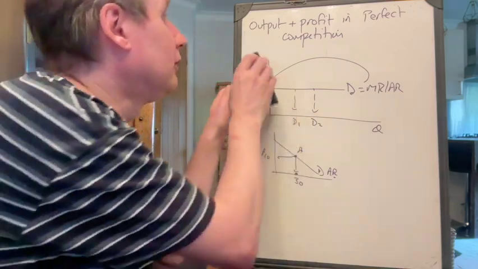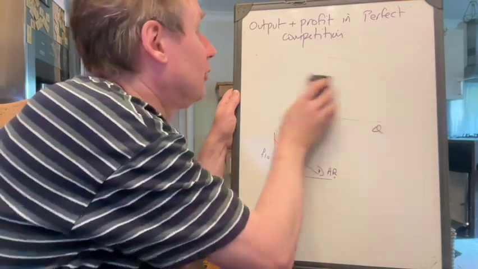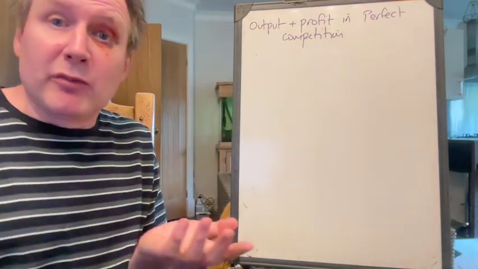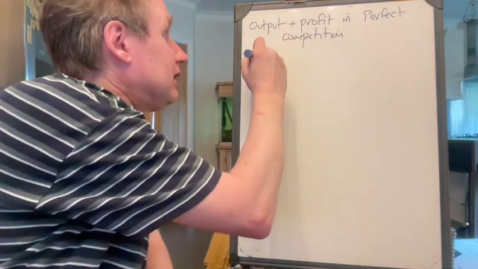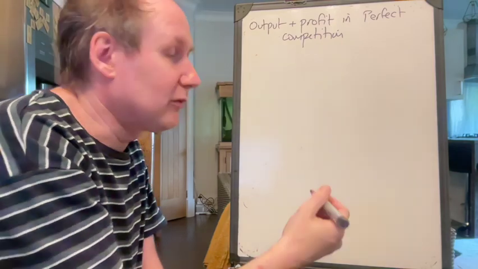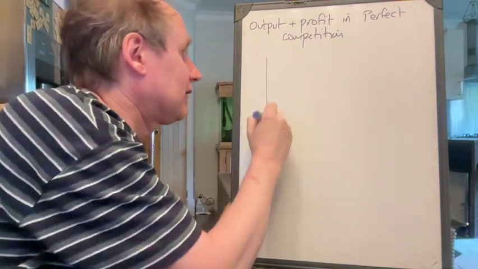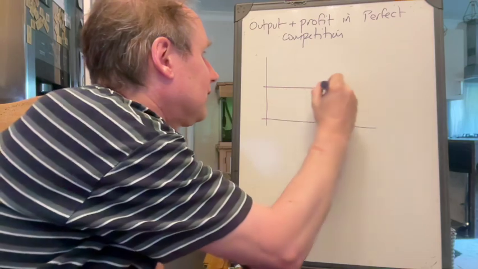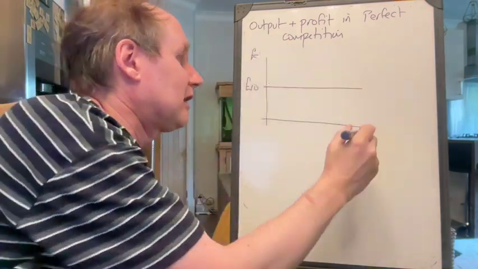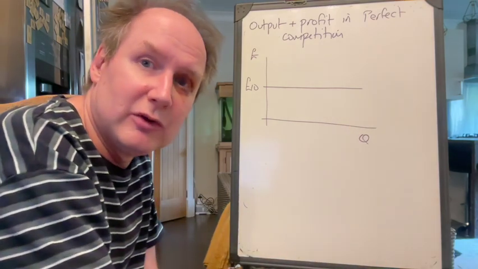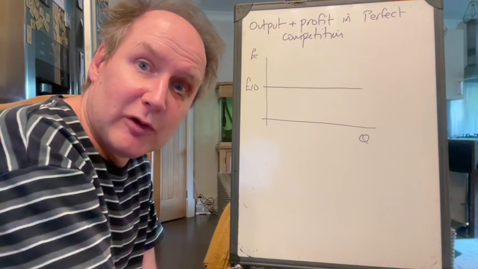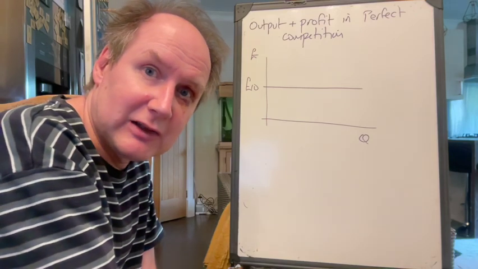So turning to what we want to do, we want to look at the output and profit. Remember, we've assumed that the firm is going to aim to maximize its profit. That's true all the way through. So let's take our tomato seller. They're selling for £10. How many units should they choose to sell? Well, they're a profit-making firm. They want to sell units that are going to add to their profit.